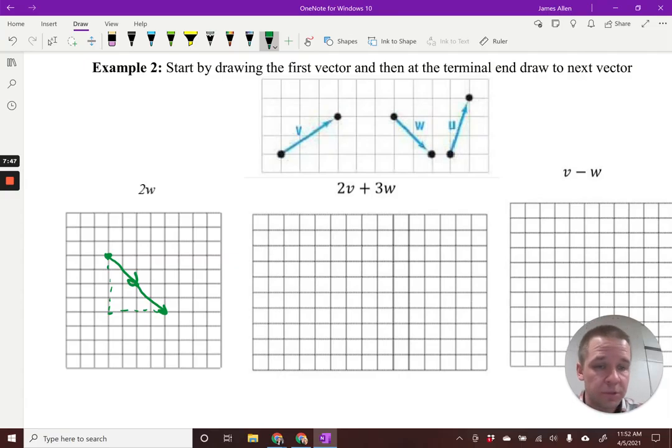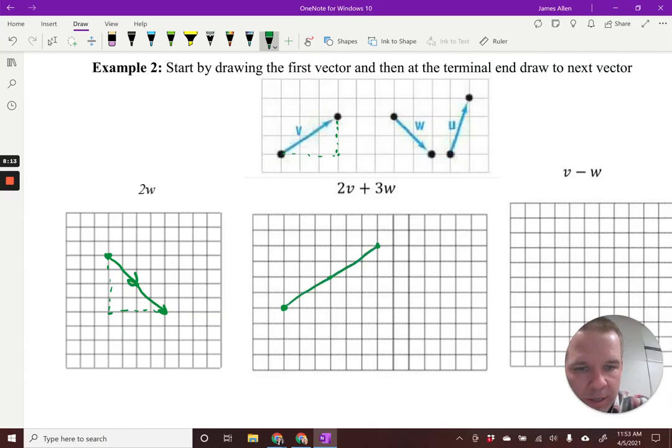Now we can also graph 2v plus 3w. So v goes over 3 and up 2. So I'm going to start that right here. I'm going to go over 3 and then up 2, and then I'll do it again, over 3 and then up 2. Or I could go over 6, up 4, you know?